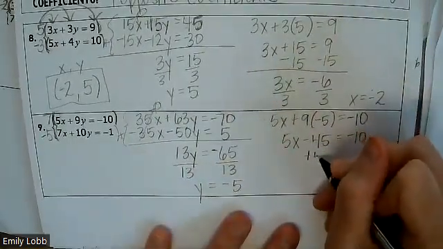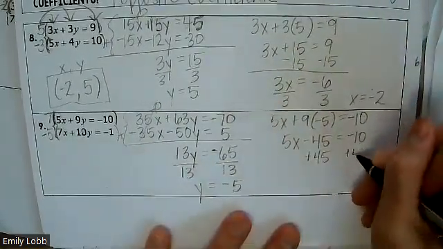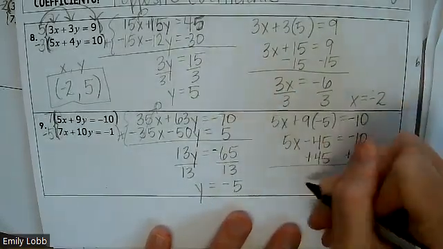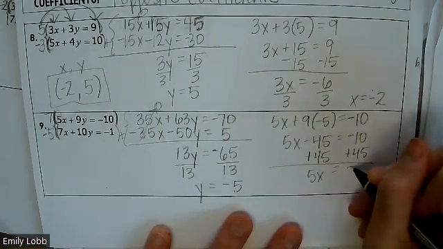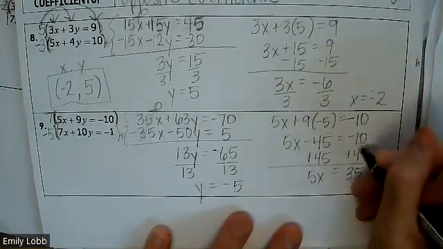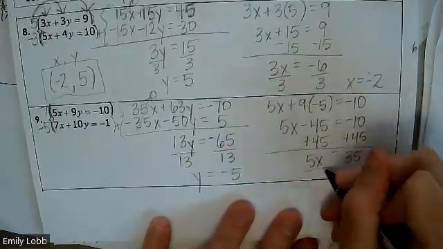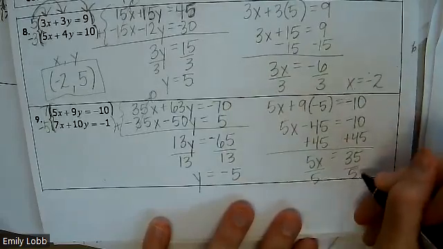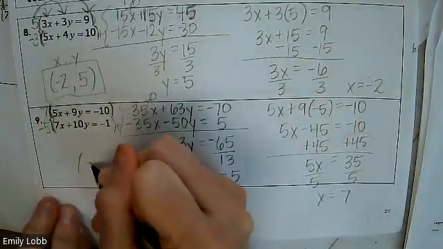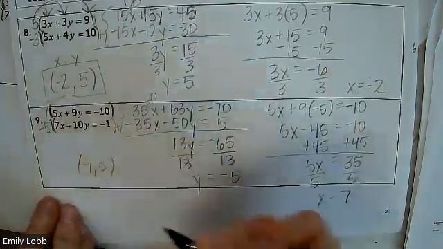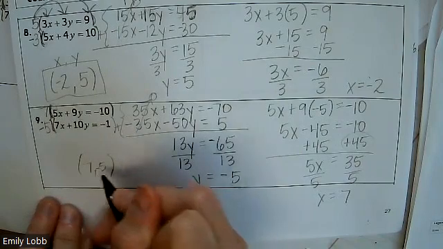When I get rid of my constant, I'm going to be adding 45 to both sides. My signs are different, so I'm taking the difference, and my bigger number is positive. 35 divided by 5 is 7. Remember, I'm listing it as my x and my y. This is a negative 5.